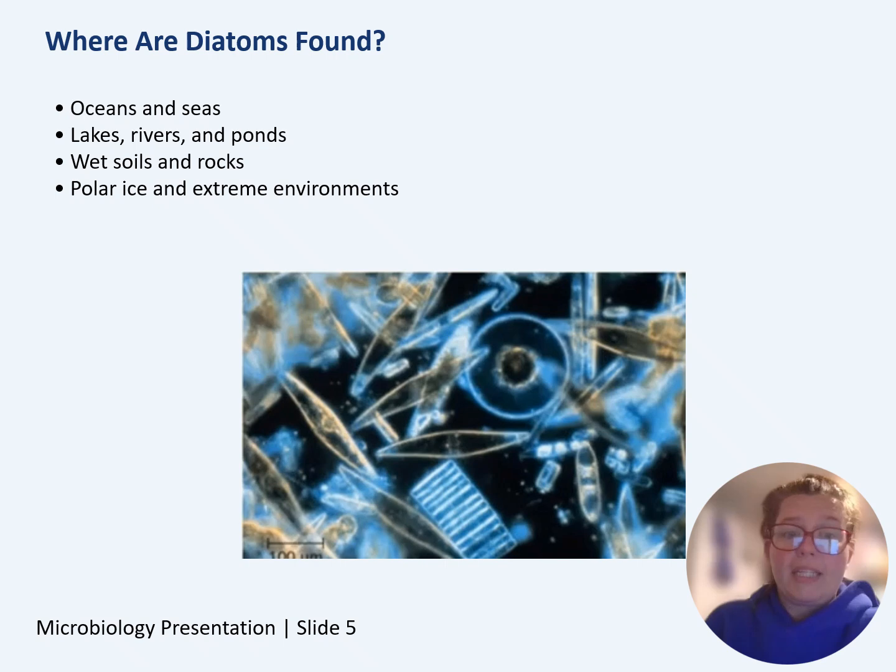Researchers have also found diatoms living in extreme environments like polar ice caps and regions with harsh environmental conditions. Their ability to survive in such a wide range of habitats demonstrates their remarkable adaptability and ecological success. Because they're so widespread, diatoms are considered one of the most important groups of microorganisms on Earth.